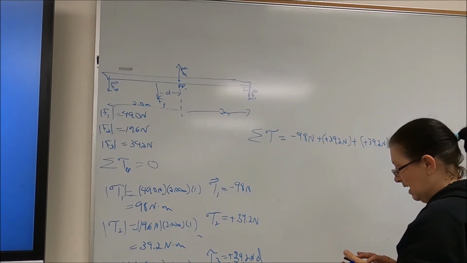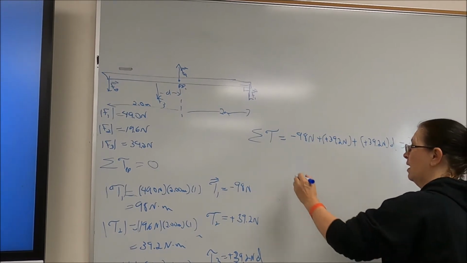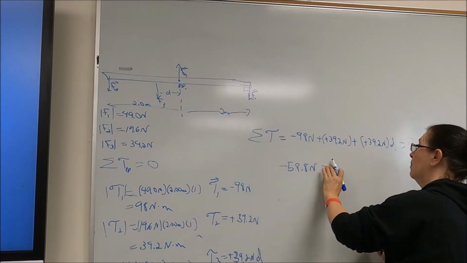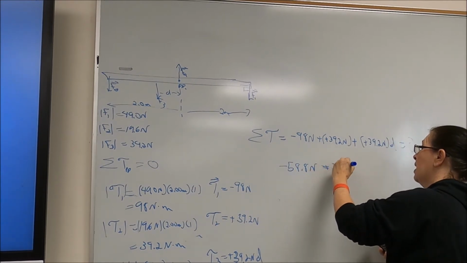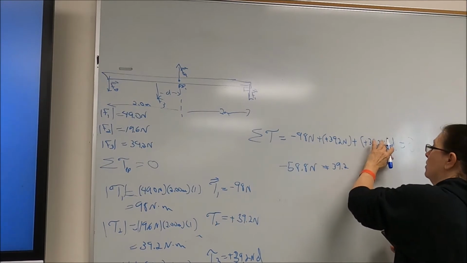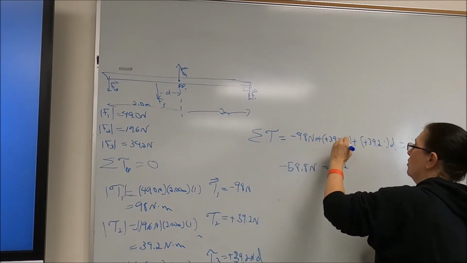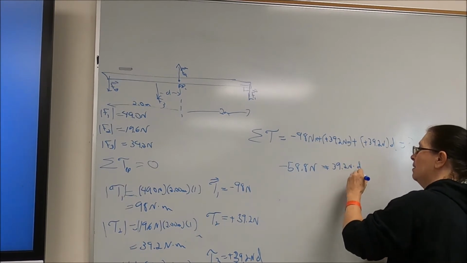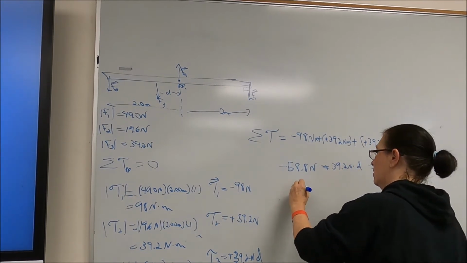So negative 98 plus 39.2, I have a minus 58.8, plus 39.2, well, those are Newton meters, newtons times D equals 0.